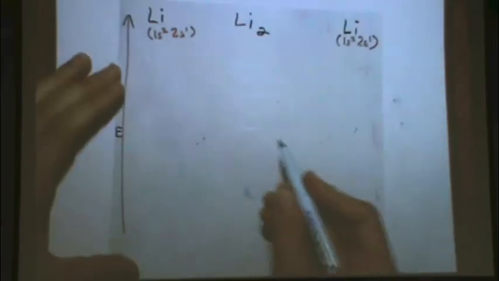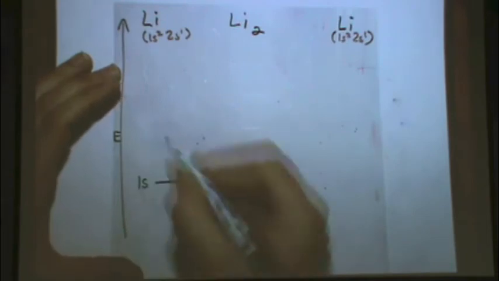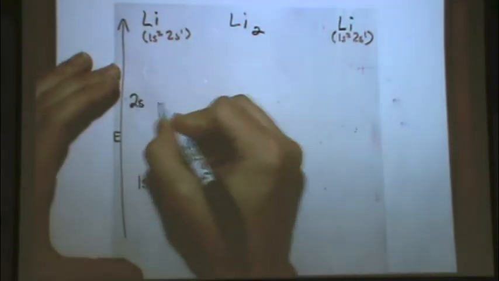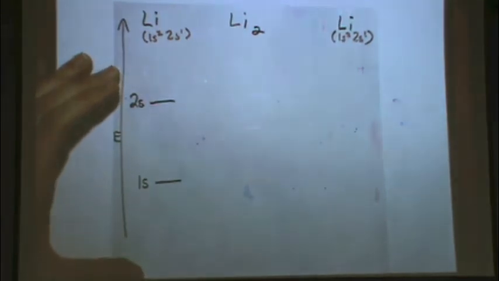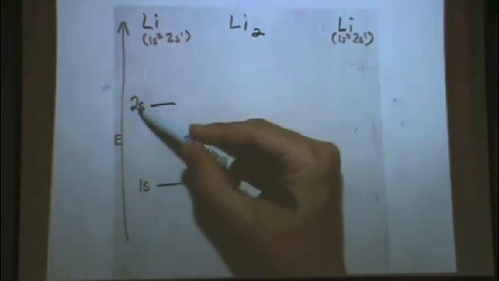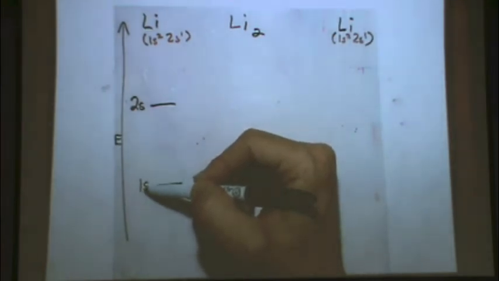Okay, let's try that. So I'm going to put the 1s at a lower energy. How do I know the 2s is higher energy? Because what quantum number? Yeah, the number 2 is bigger than 1. That's the principal quantum number.